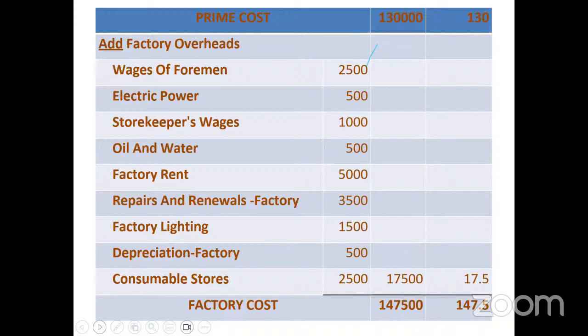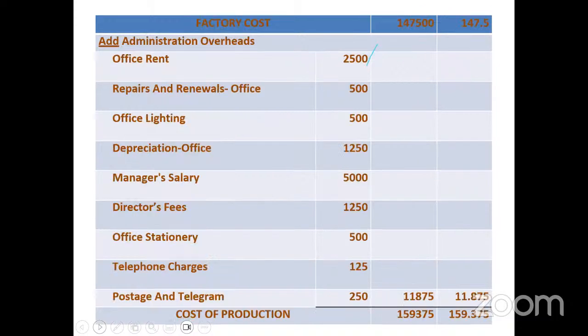So what is the factory cost? 1,47,500. Excellent. So if for 1,000 units you are spending a factory cost of 1,47,500, what is the per unit cost, divided by 1,000? 147. Yes. Is it clear? Yes, sir. Clear. Yes, sir. Is it understood? Yes, sir. Very good. Sure.